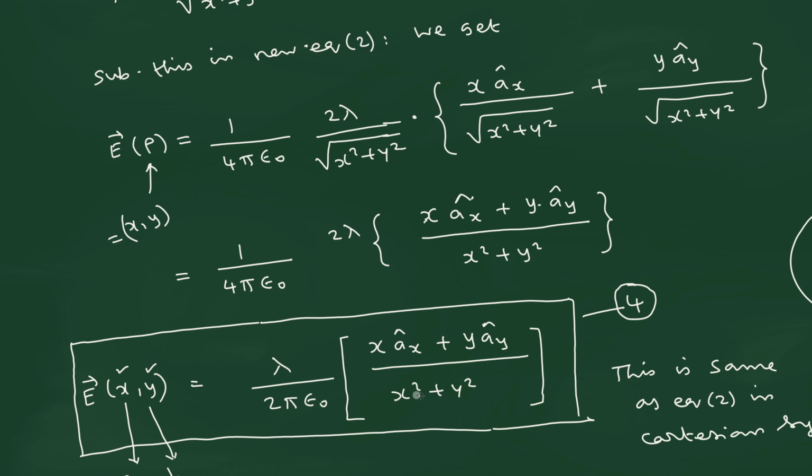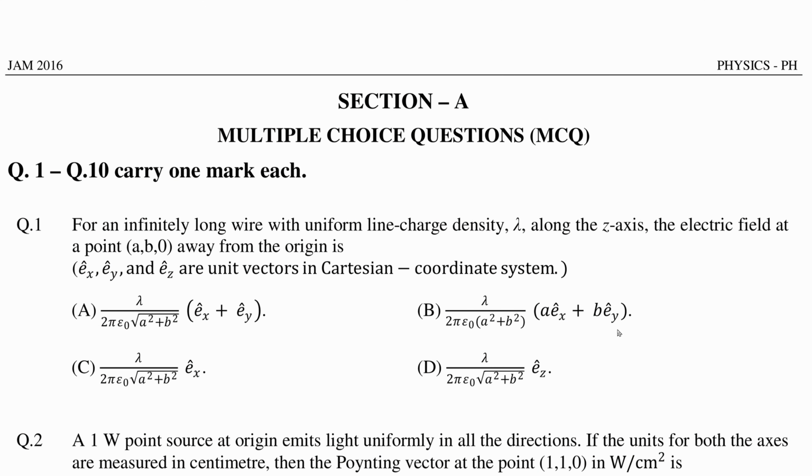So this should be a squared plus b squared, that should be a times a_x plus b times a_y, and that's all. So you have the solution to that particular problem, and the answer is given by B. Isn't it? So that is the answer. Based on our analysis of a simple problem, and on understanding what kind of symmetry is present in the system, overall we got this answer.